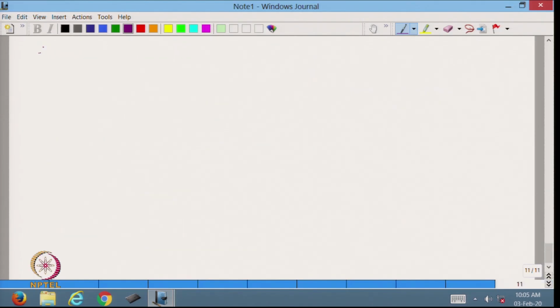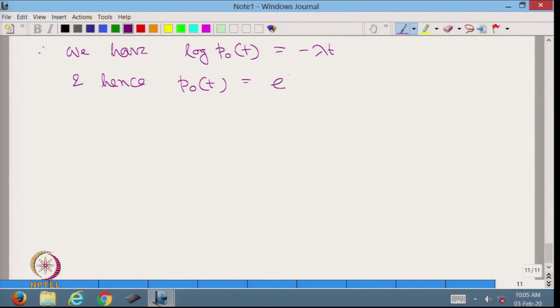Therefore, we have log of P0 t is equal to minus lambda t, and hence P0 t is equal to e to the power minus lambda t.